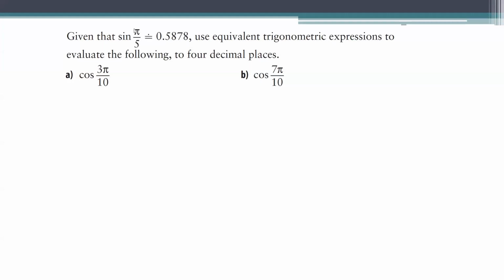Well, okay, let's try one more time. As you found out, for example, if we have sine pi over 5, it's going to be equivalent to cosine of pi over 2 minus pi over 5.